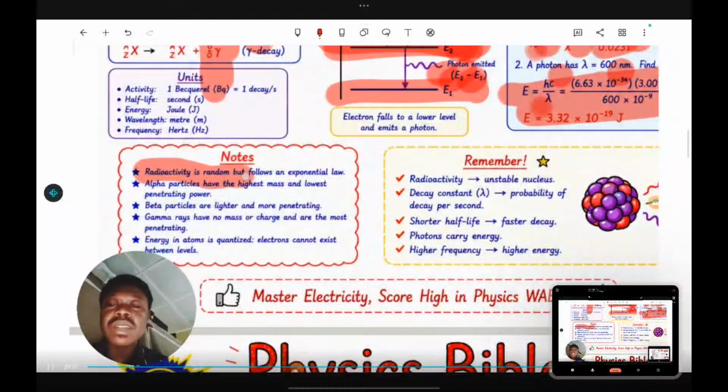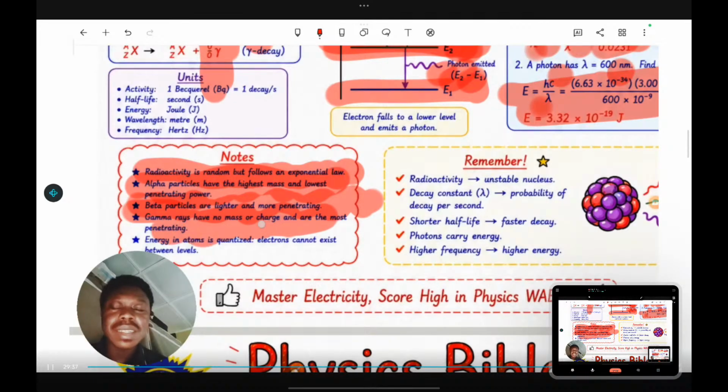Note that radioactivity is random but follows an exponential law. Alpha particles have the highest mass and lowest penetrating power. Beta particles are lighter and more penetrating. Gamma rays have no mass or charge and are the most penetrating. Get the differences. Energy in atoms is quantized.